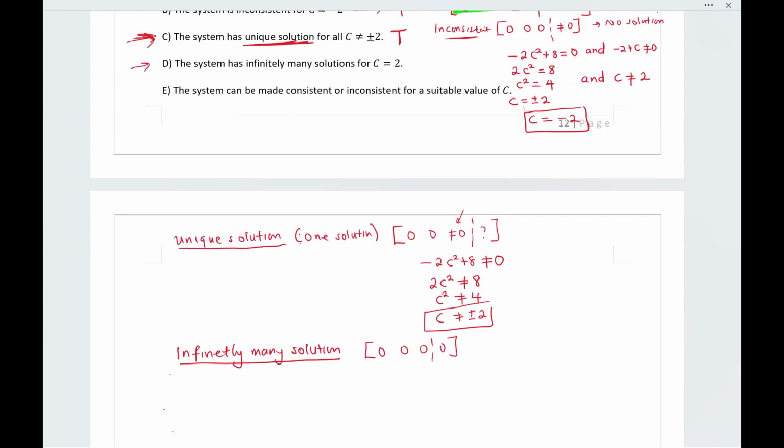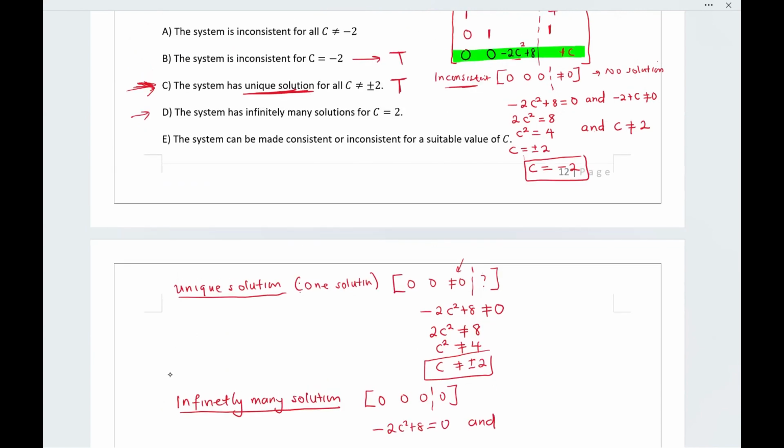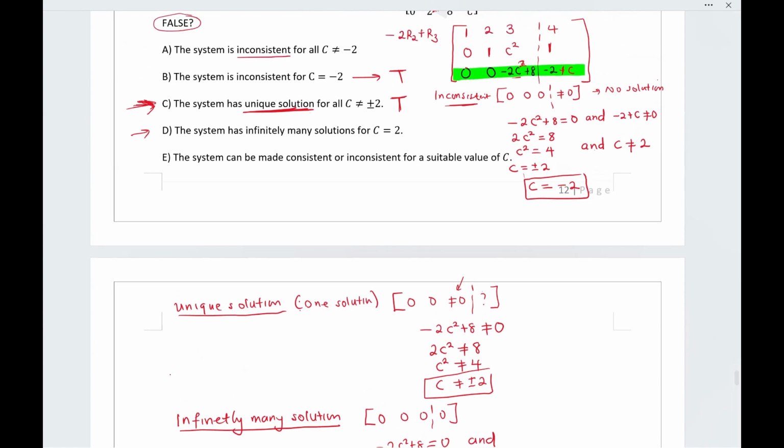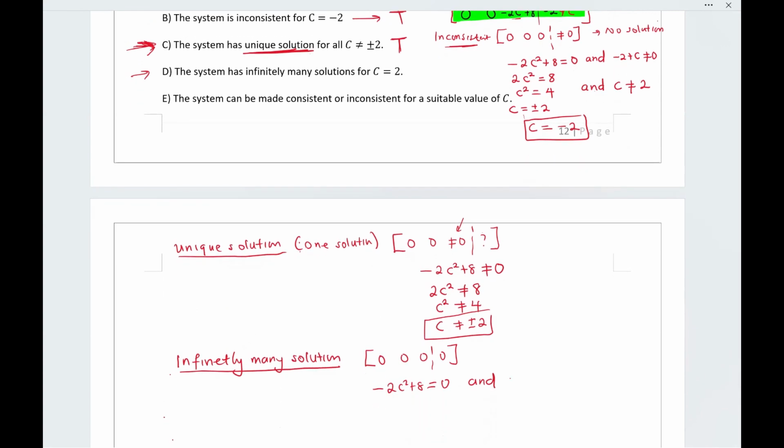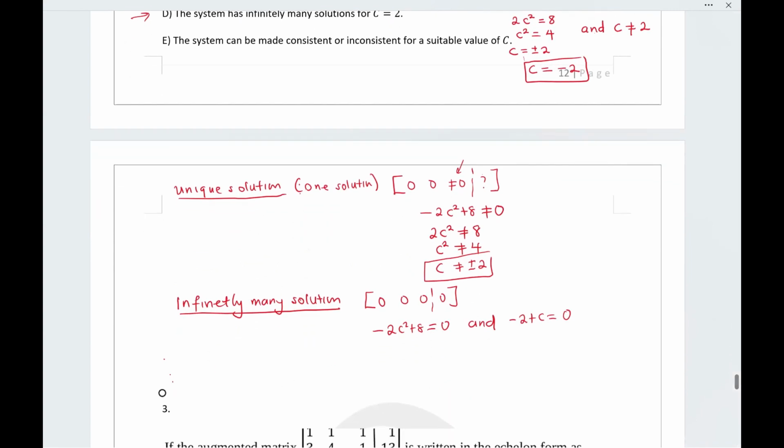So it means that minus 2c squared plus 8 should be 0. And not just that, the right-hand side also has to be 0. What is the right-hand side here? You can see it is just minus 2 plus c. So minus 2 plus c also has to be 0.